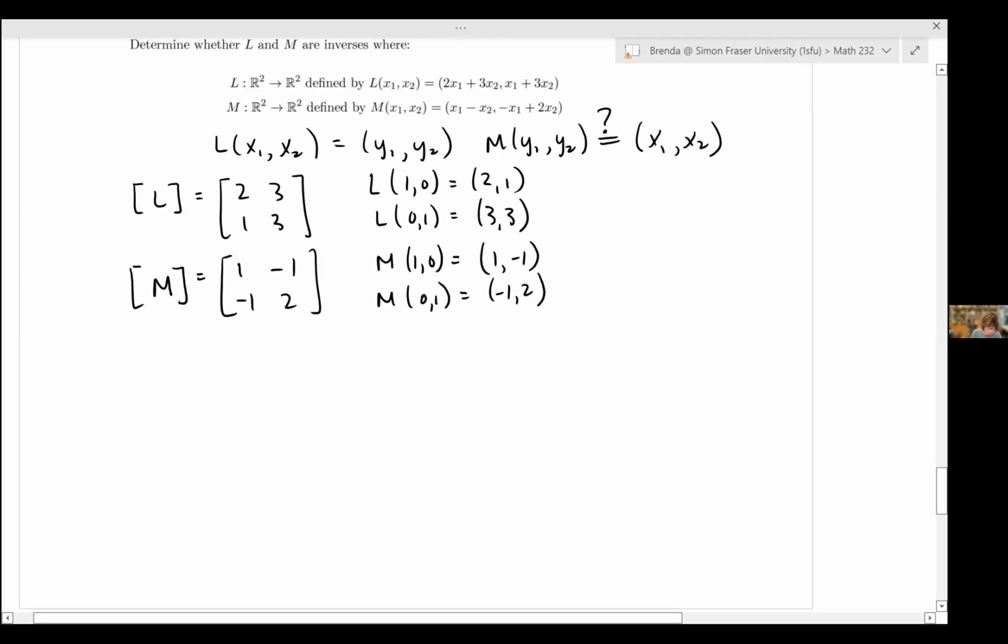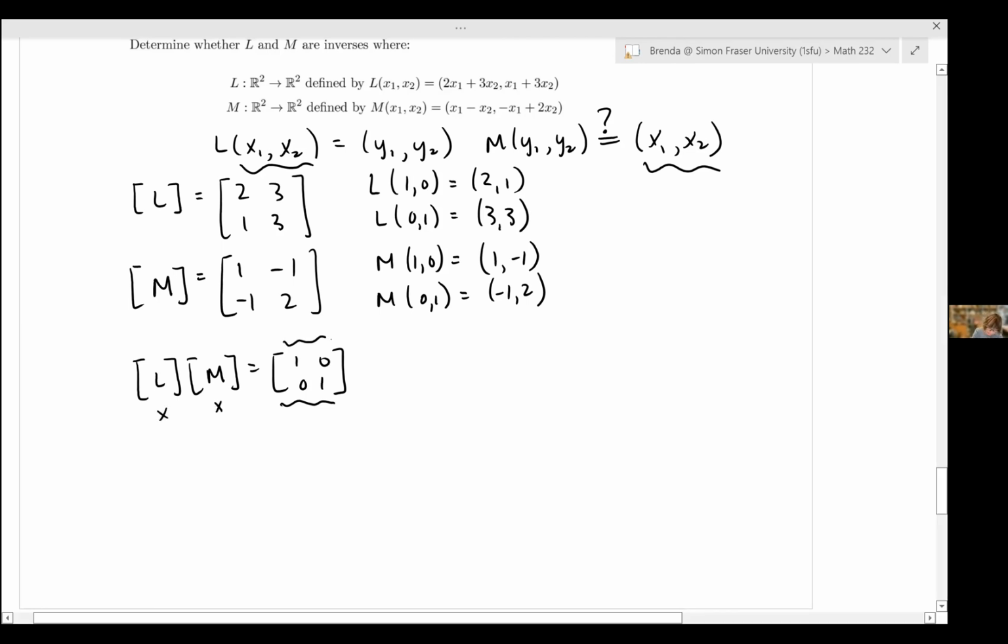Okay, I've got two matrices. Now, if they are inverses of one another, then this will happen, because you expect to be back where you started from. And that is what you multiply by if you're going to get back where you started from. So what things are an inverse of one another if when you multiply them together, you get the identity element?